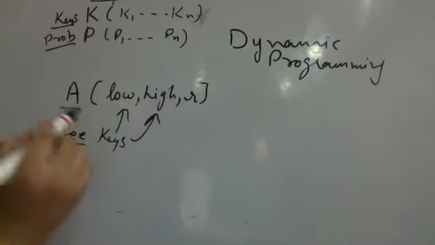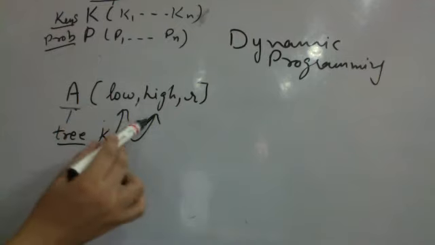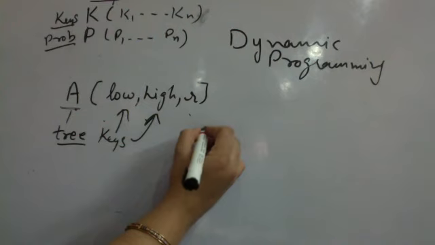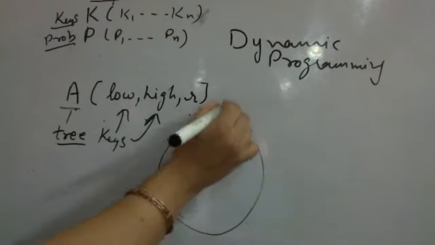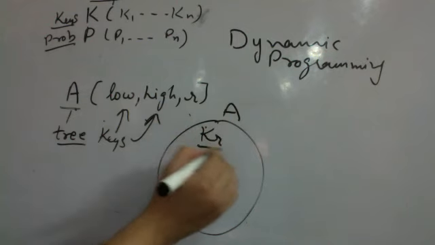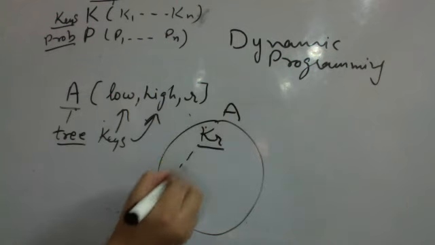So what we are saying is I'm having a tree in which there are keys from low to high and root is R. What I mean is that there's an entire tree, and I'm representing the cost of searching in the tree by A, in which I'm having a key as root. There are many subtrees here.